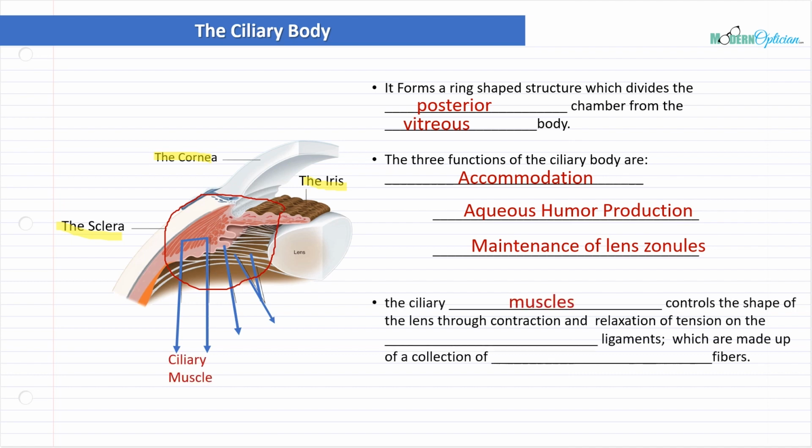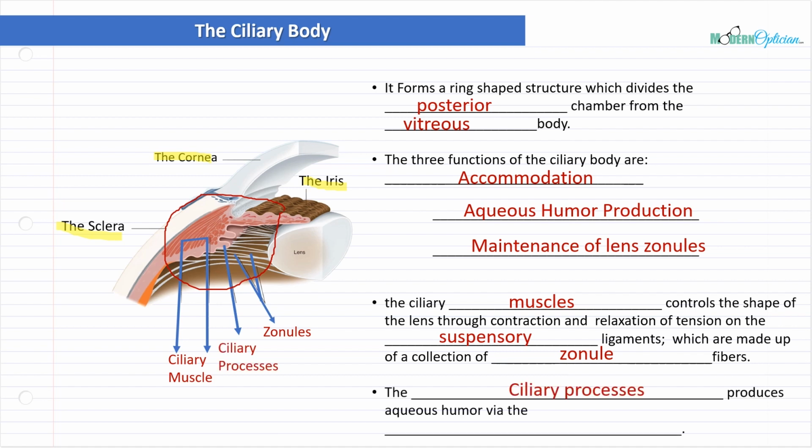So the ciliary muscle, and you'll notice that as the blanks are being filled, the diagram is also being labeled, controls the shape of the lens through contraction and relaxation of tension on the suspensory ligaments, which are made up of a collection of zonule fibers. We talked about these lens zonules. The lens is suspended by the fibers and zonules, and the muscle is holding on to them.